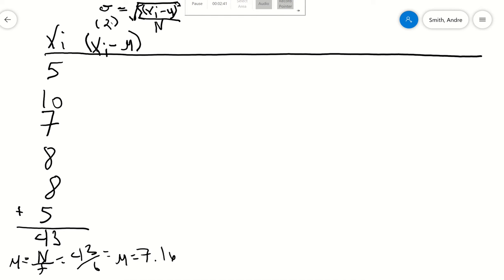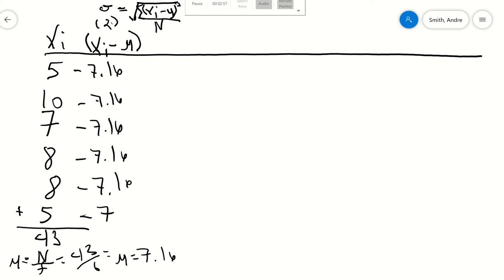So we're just going to subtract 7.16 from each one of these: 7.16 minus, 7.16 minus, 7.16 minus 7.16, right? And what we'll get for each one of these is, our first one is negative 2.16.